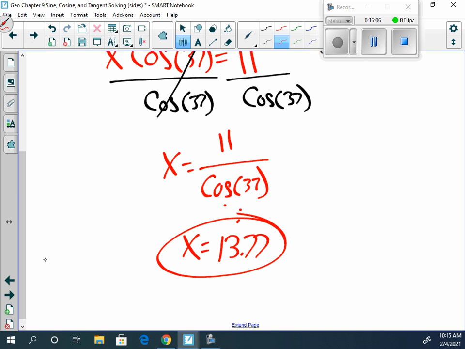So 13.77. Any questions on this here? We can round it up. Any questions on this here?